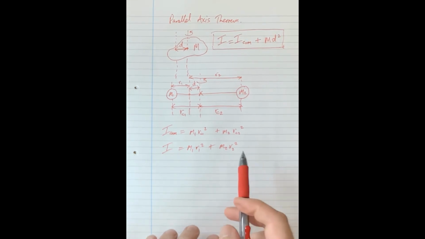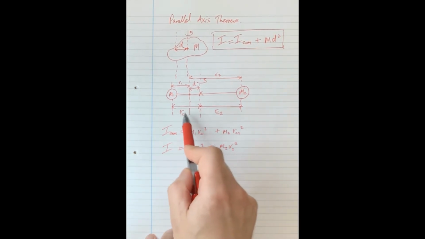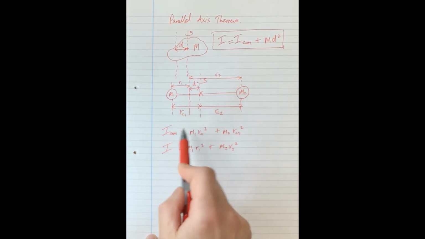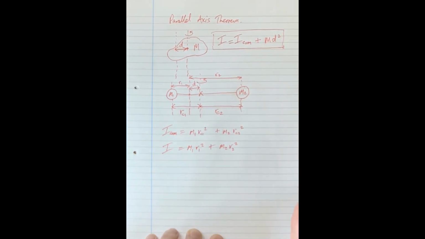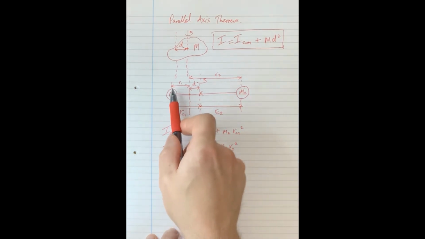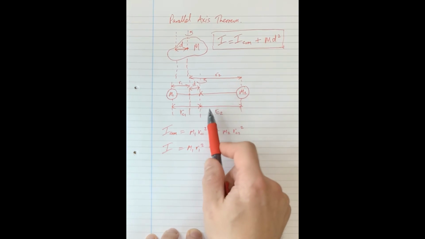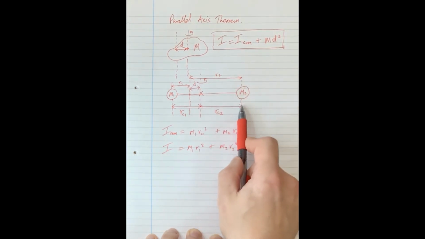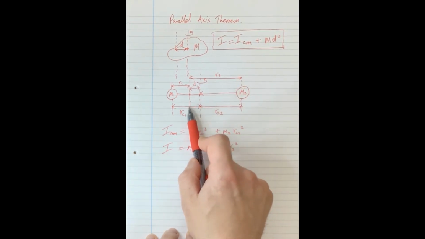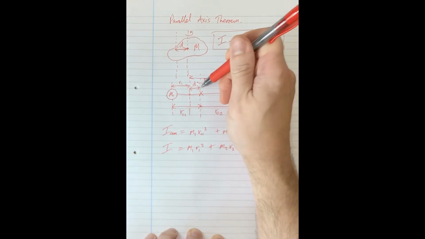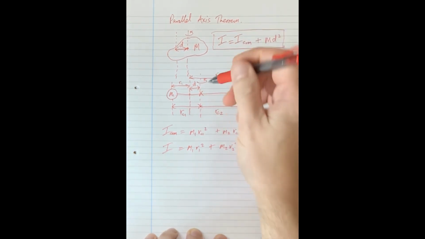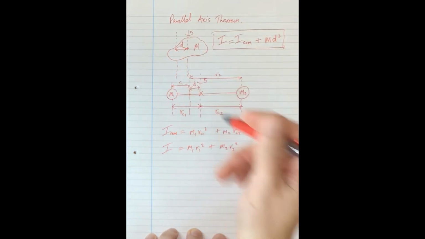But now I can say R1 and R2 in terms of their initial distance to the center of mass and this value d, how it's been shifted. You can see that R1 would be RC1 minus d, and R2 would be RC2 plus d. This would work if d went this way. I'll show you at the end about that, but for now I'm just saying d's going this way.